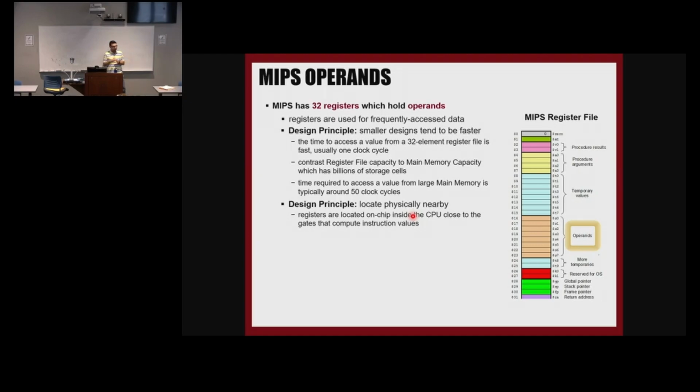In the case of MIPS, we just have 32 registers, that's it. 32 registers. So register files are faster because they are smaller, but also because they use a different type of memory technology. It's not just being smaller, but we use a different type of memory technology. We're going to talk about it. And these are located very close to where we do the computation.